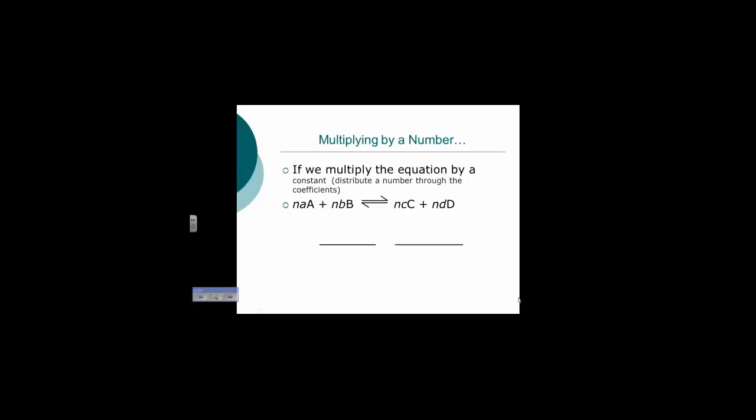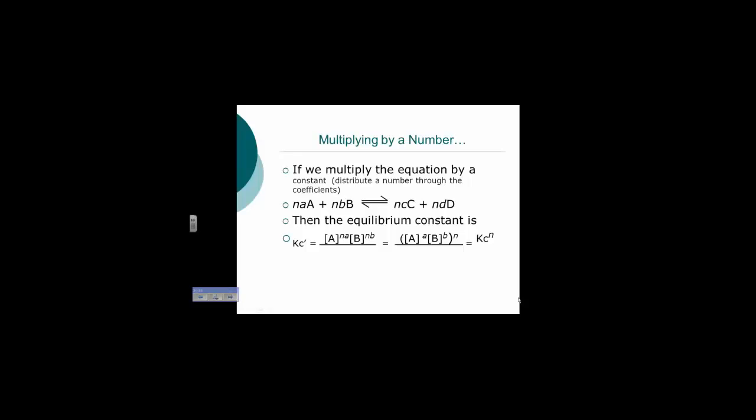If n is distributed, we change the equilibrium constant in the following way. This equilibrium constant is products over reactants, where look at those powers, they were coefficients, now we'll call them orders, are also being multiplied by the coefficient.